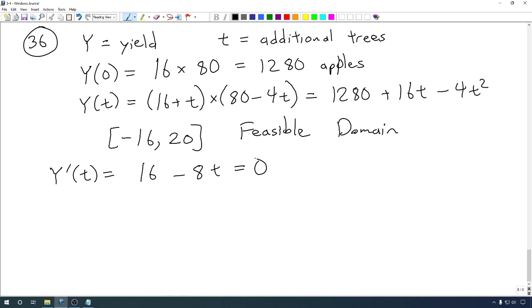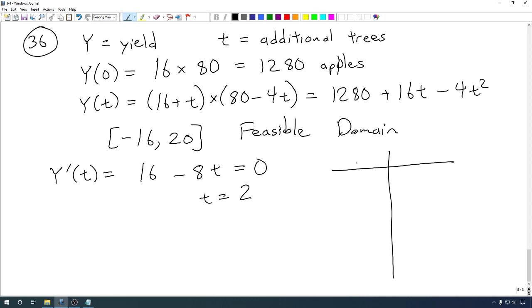If we set this equal to 0, of course, t equals 2. Probably shouldn't even have to worry about doing that step by step. 16 minus 8 times 2 is 0. And so t equals 2 is our critical point. We don't have to worry about the derivative not existing. It definitely exists everywhere because we're dealing with a polynomial here.